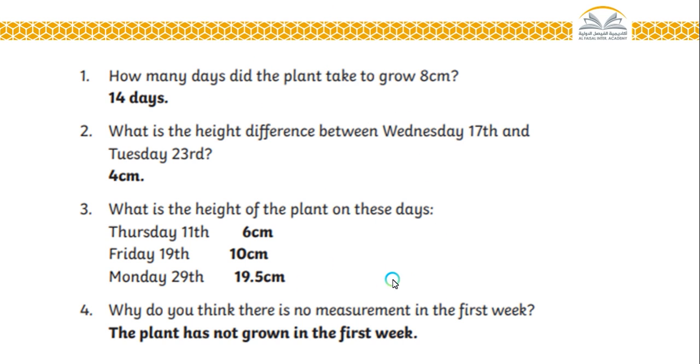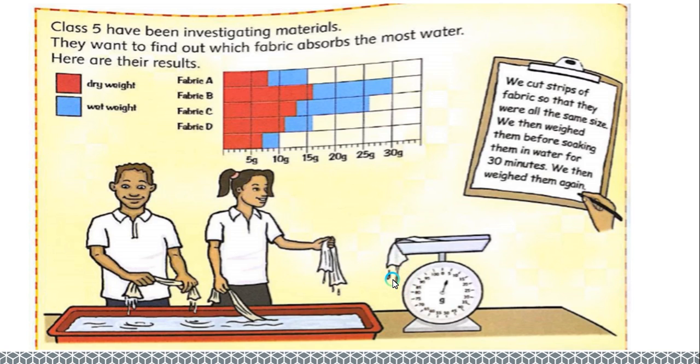Now, here is our task for today. Here is our task on page 100. Here is class 5. They are investigating materials. You have different fabrics, and we have a key that gives us clues to the different fabrics. We have dry weight and wet weight.